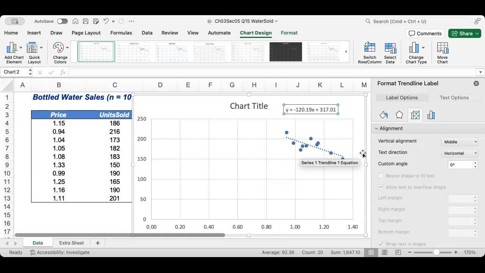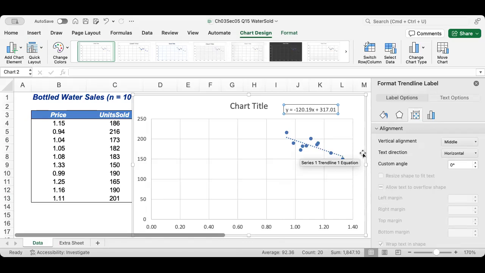Change in x is number of dollars. So that tells me if I increase the number of dollars by 1, I should lose 120 bottles per week. Negative 120 over 1 as a ratio. I can think of that as change in y, change in x.